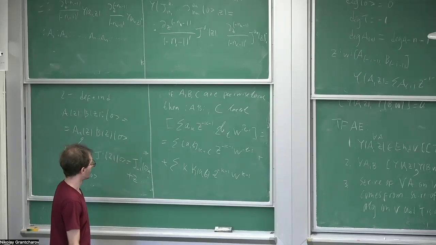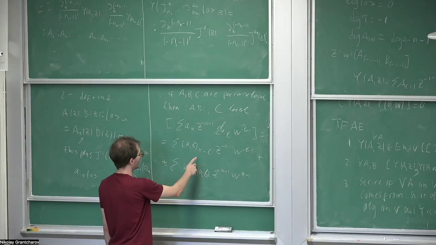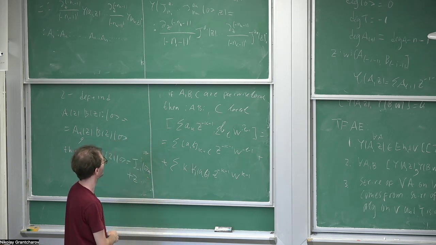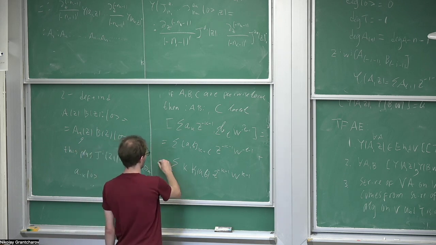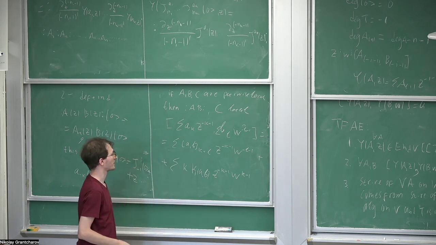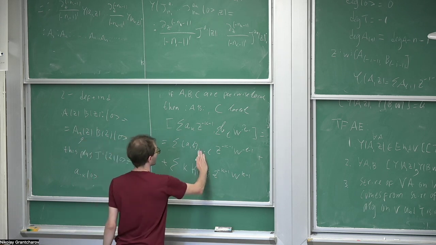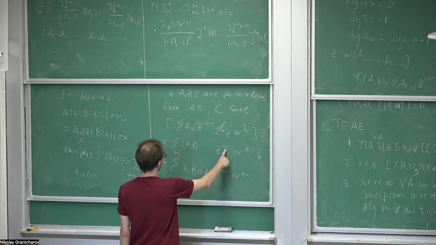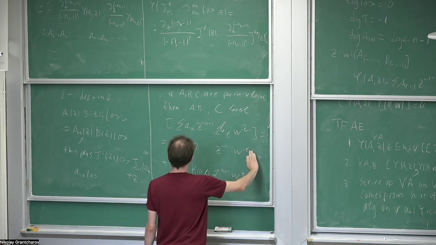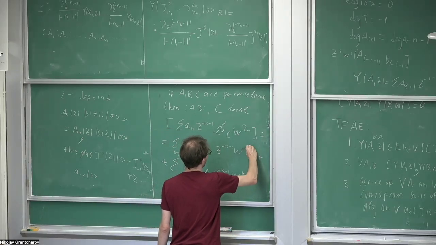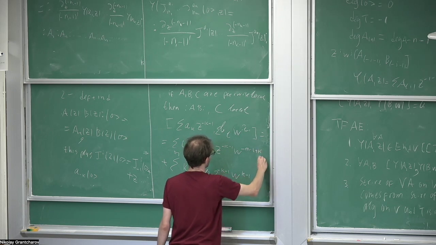And here, if I change the order of the sum, if I say that K plus L is some letter M, K remains, and now L is M minus K, minus M minus 1 plus K.